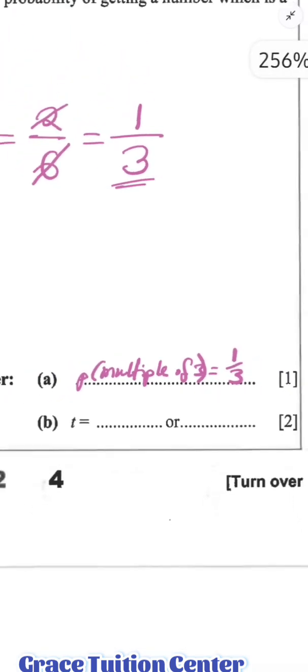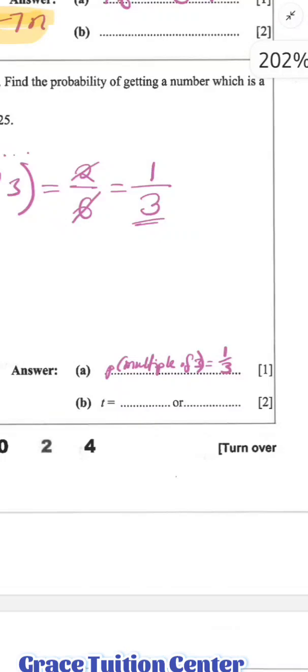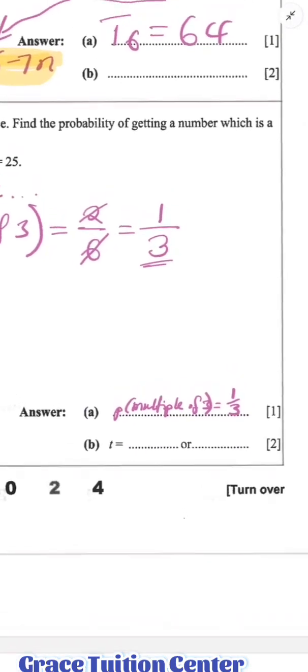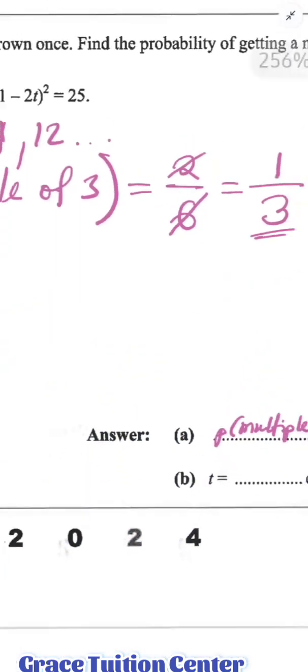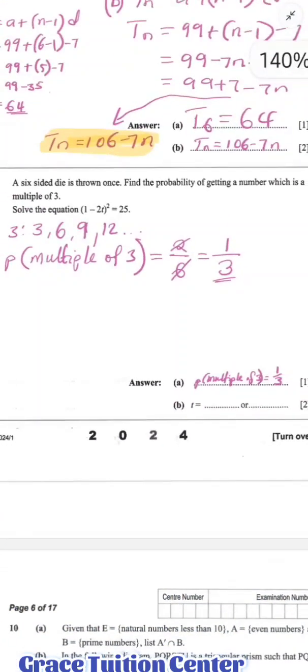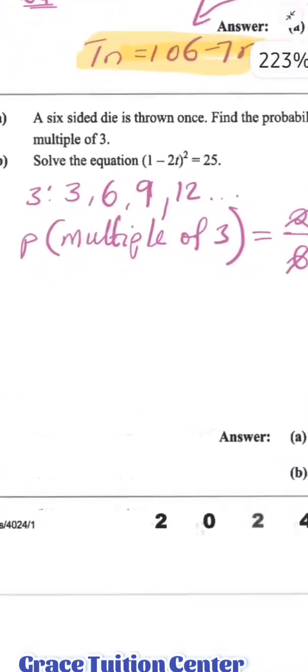There, beautiful. Okay. Here we didn't write our Tn, so we can just go ahead and put it. So Tn is 106 minus 7n.